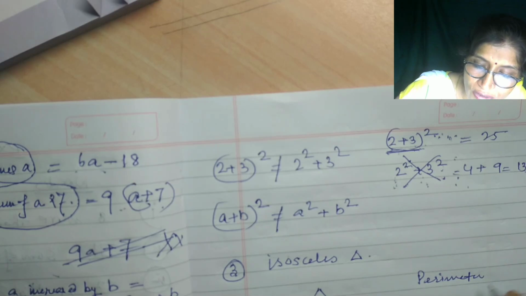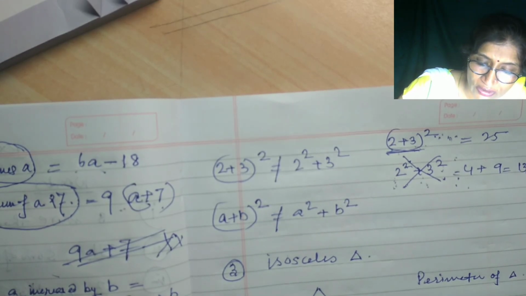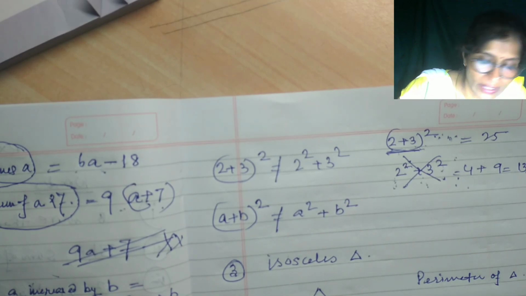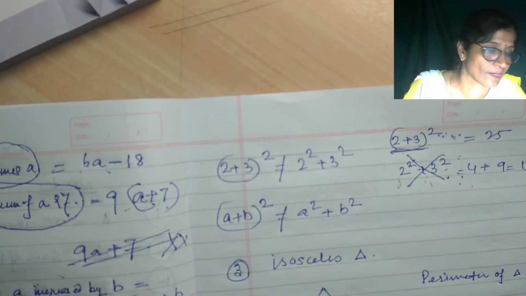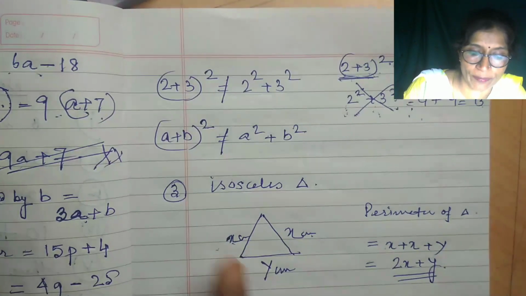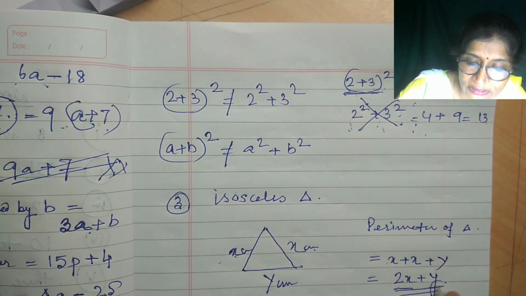So the perimeter of this triangle is equal to what? x plus x plus y, and x plus x you can write as 2x, plus y. So the perimeter of an isosceles triangle is always 2x plus y.